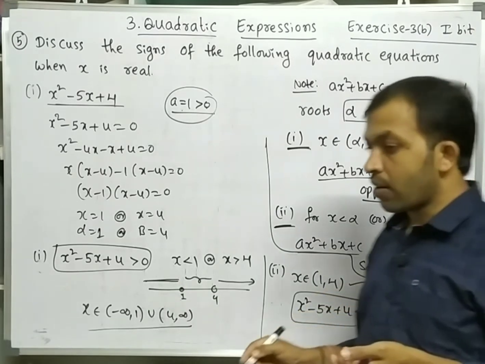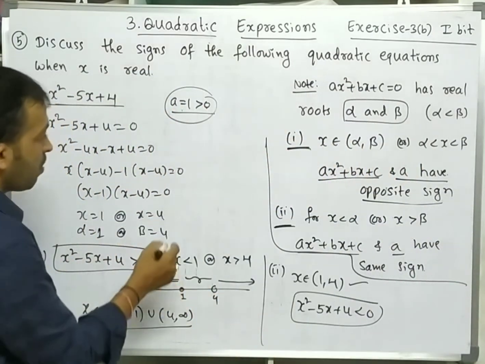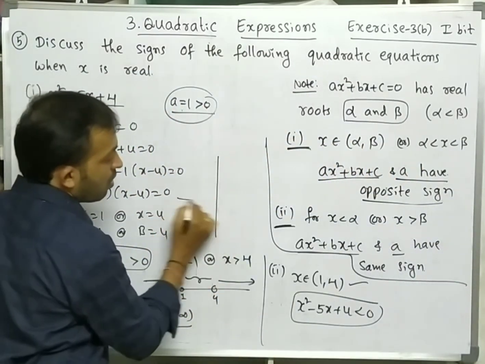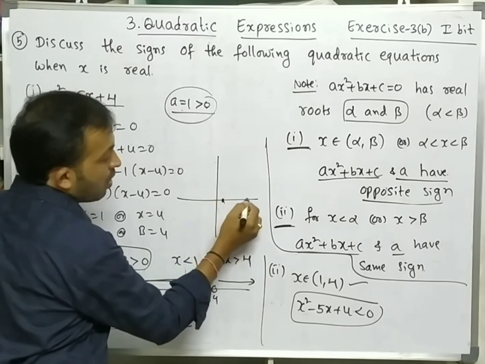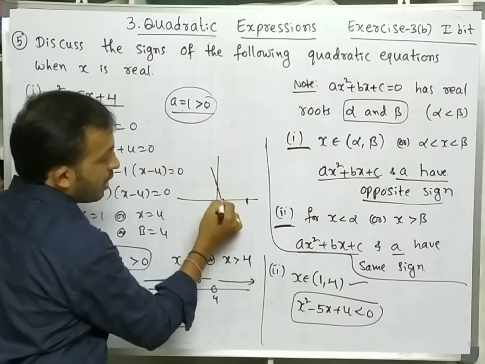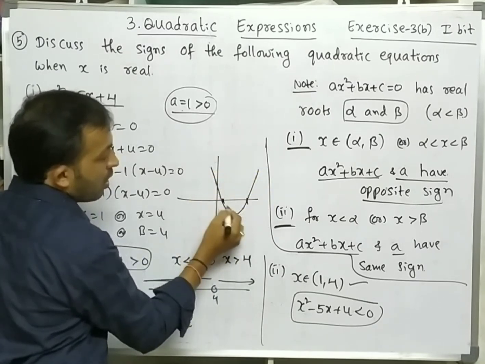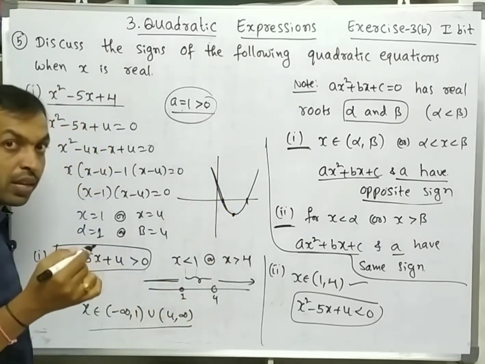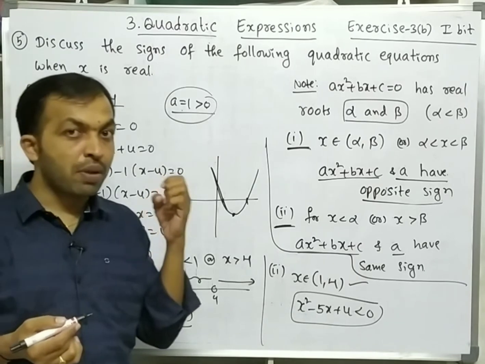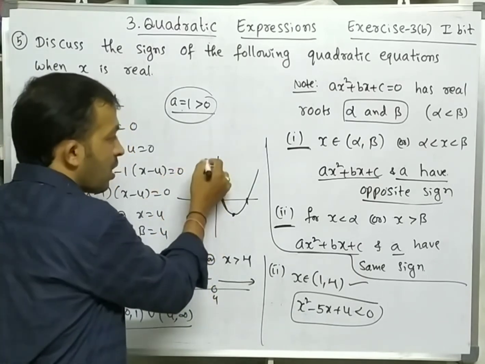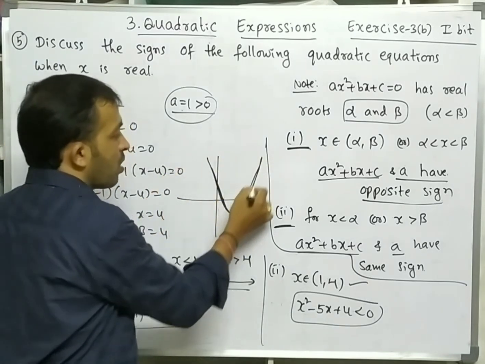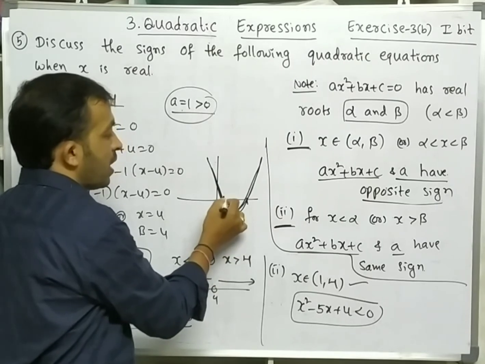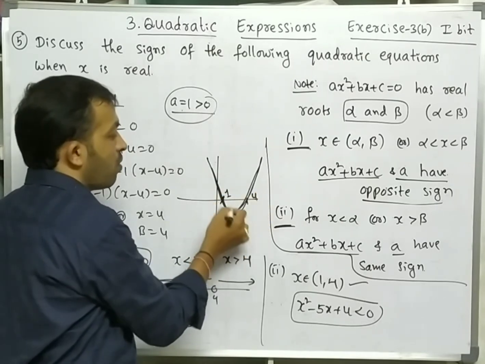Okay, graphically also we can check. After drawing the graph, here this is 1, this is 4, the graph is like this. This is the vertex. If we know the geometry, then we can understand many properties. This is the graph of the given quadratic expression. It cuts the x-axis at 1 and 4.